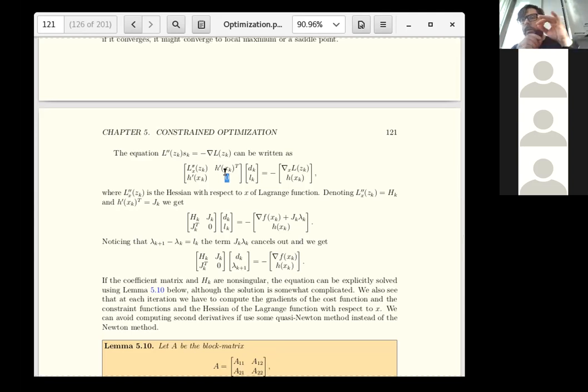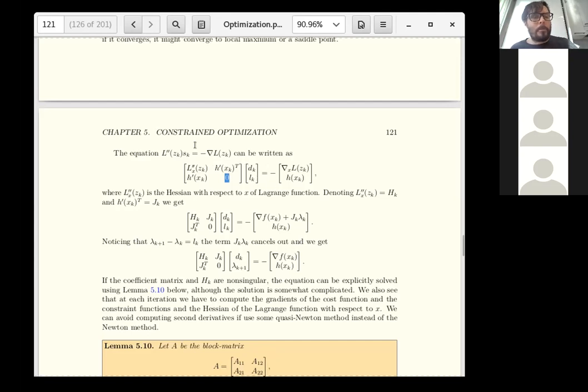But the lambdas only appear as linear terms. So if we take lambda 1 first time derivative, the lambda is eliminated. Second derivative with respect to lambda 1, it's 0.